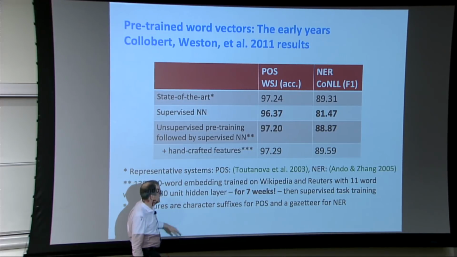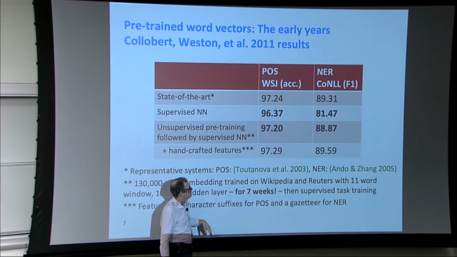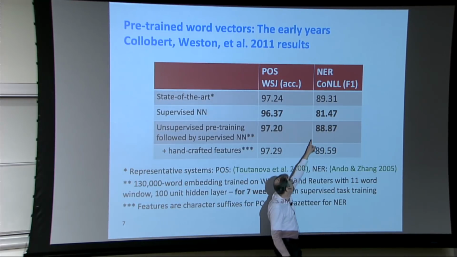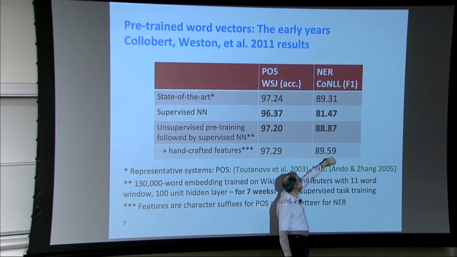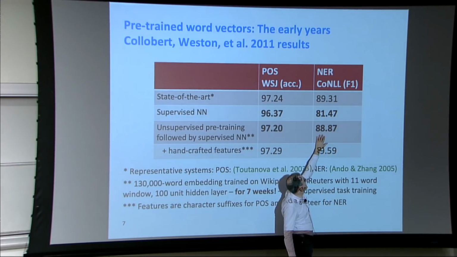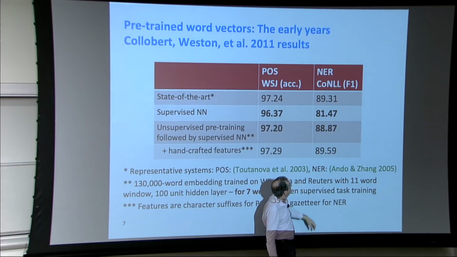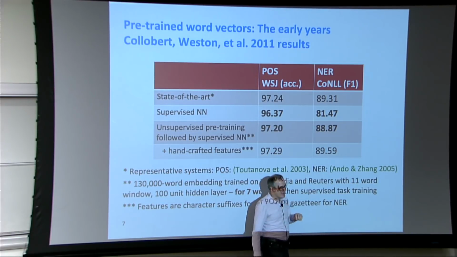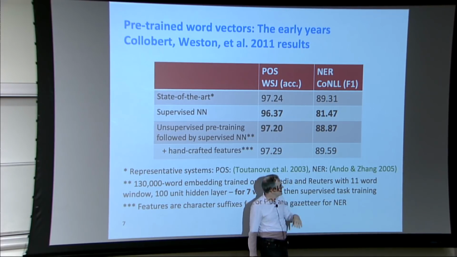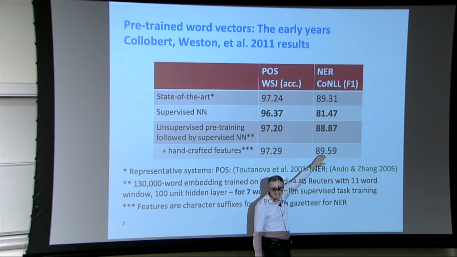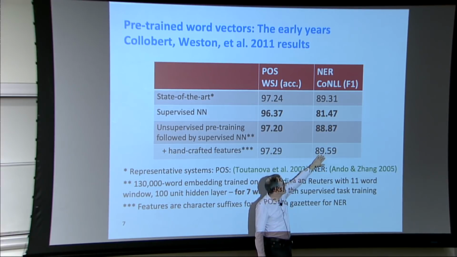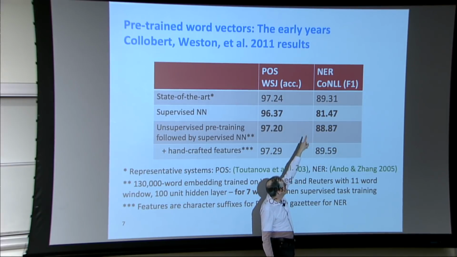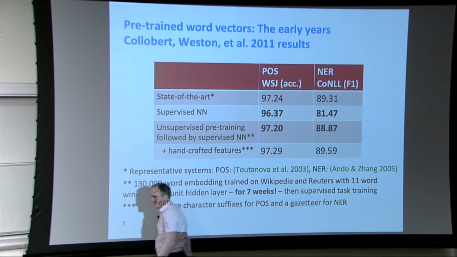But this was the miracle breakthrough. You put in this miracle breakthrough of unsupervised word representations, and now the neural net is getting to 88.87, almost as good as the feature-based classifier. And then, like any good engineers, they did some hacking with some extra features, gazetteers and stuff like that, and they got a system that was slightly better than the feature-based system.